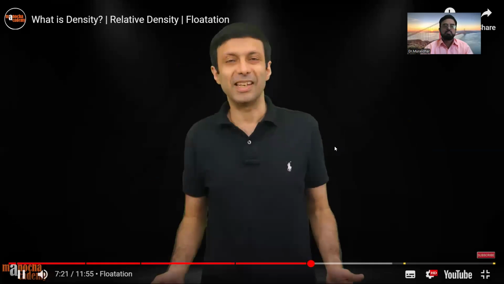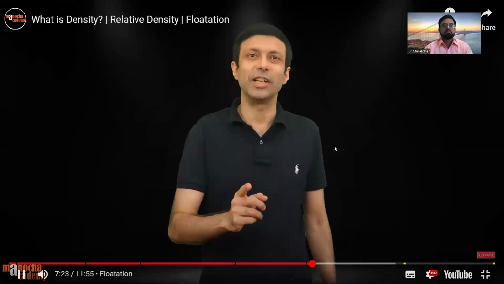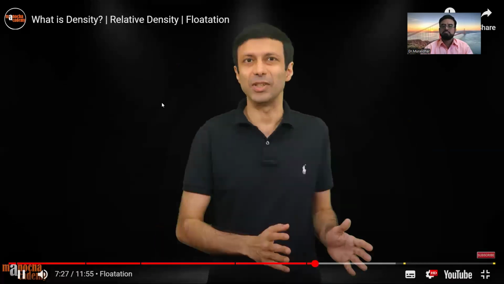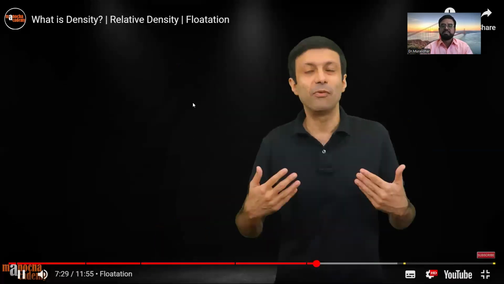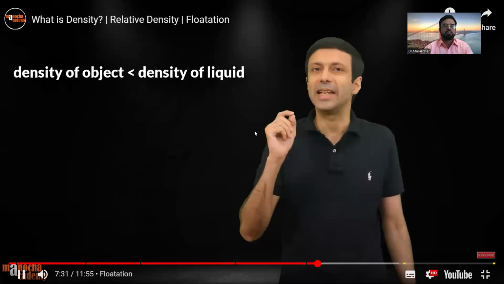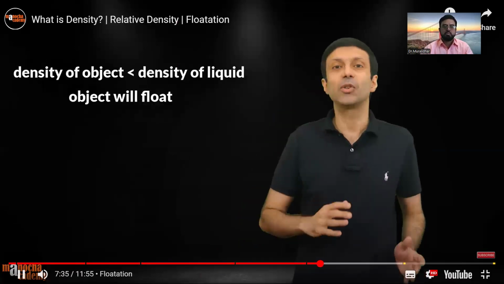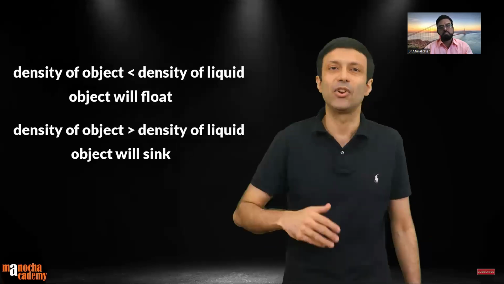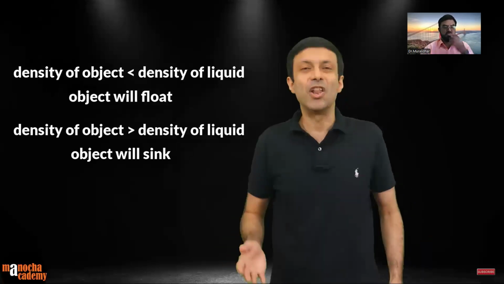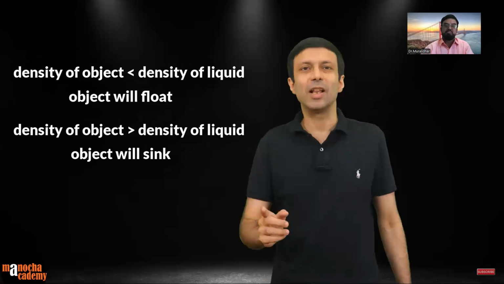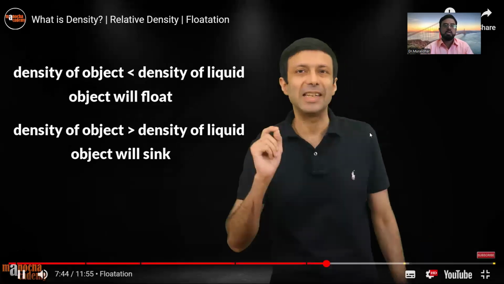Just like we saw that a liquid floats on another liquid based on its density, the same concept of flotation can be applied to solid objects floating or sinking in liquids. An object will float in a liquid if the density of the object is less than the liquid, and the object will sink in the liquid if the density of the object is greater than the liquid. Now, based on this concept, can you tell me what will be the density of the steel nail?